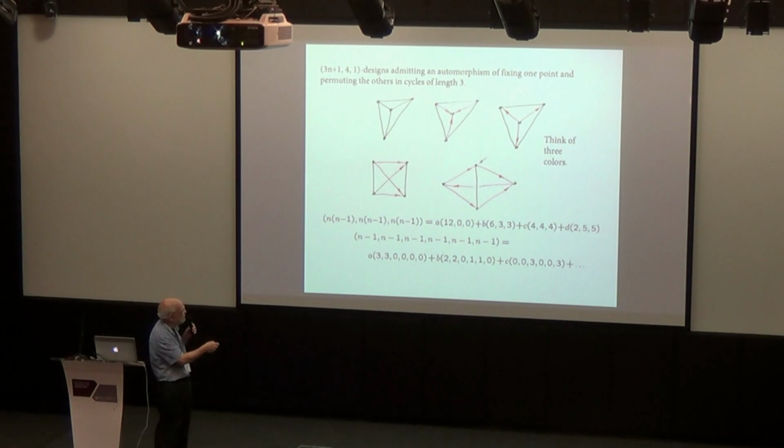I include the reverse of the red, so I have vectors of length 3 here. This graph, for example, has 6 directed black edges, 3 directed red, and 3 directed blue, opposite of red. So that corresponds to this vector.